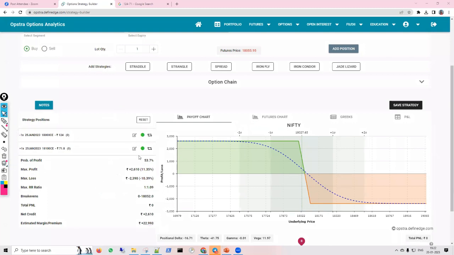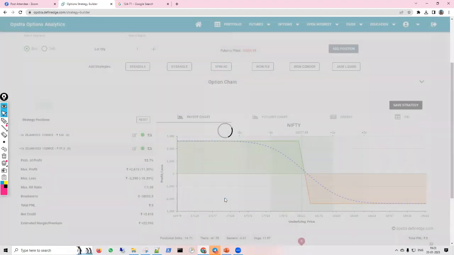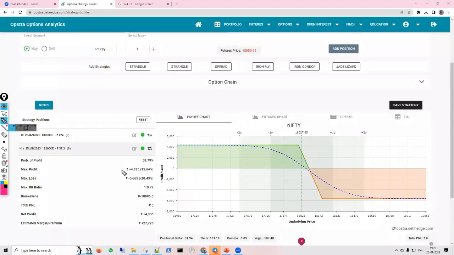Okay, now I'm just going to do some changes. Instead of 18,100, I'm buying 18,200 CE. Let us see how these numbers are going to change. Right now 2,600, 2,300, right? Once I go with the higher one, can you see the profit and losses are changing drastically?